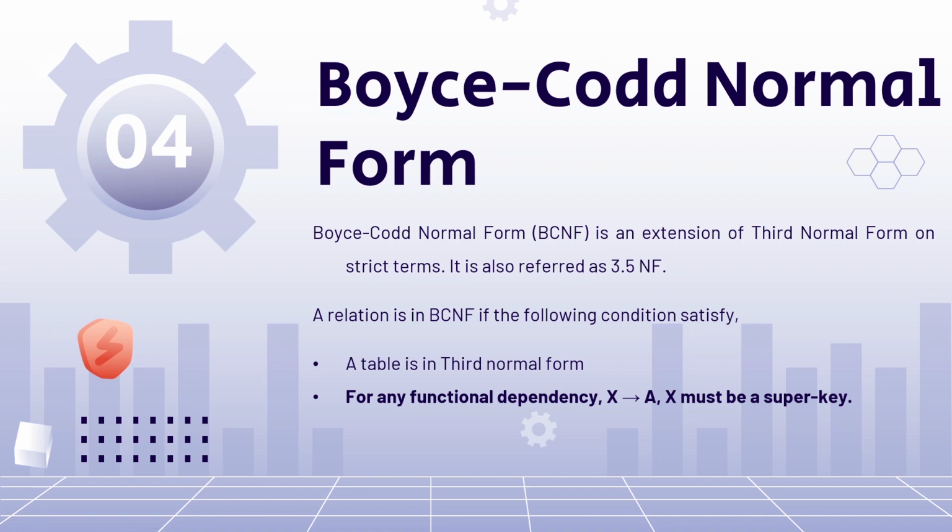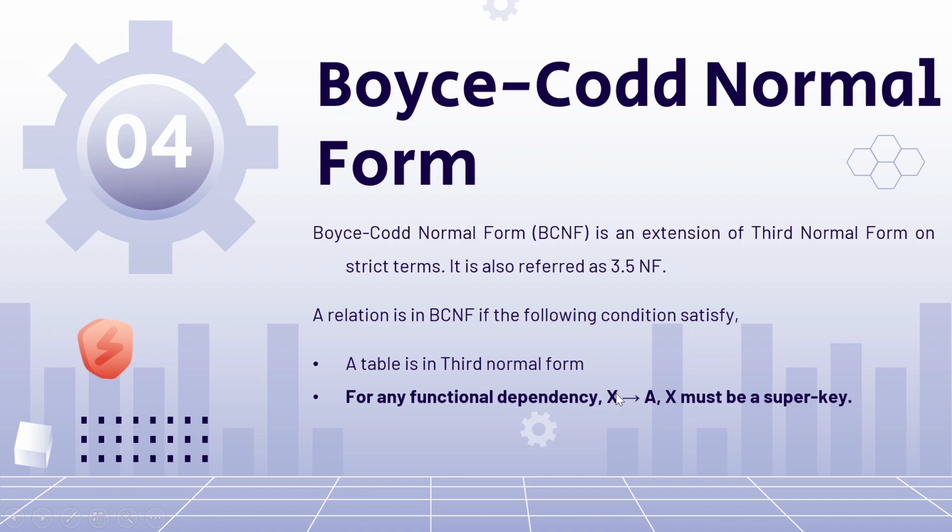If any one of these conditions is satisfied, then we said that it is in 3NF form. But in BCNF, for any functional dependency x determines y, if x is a super key, then only we can say that it is in BCNF form.